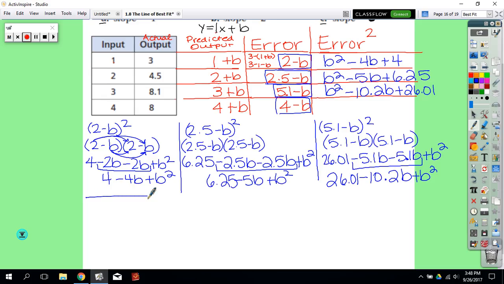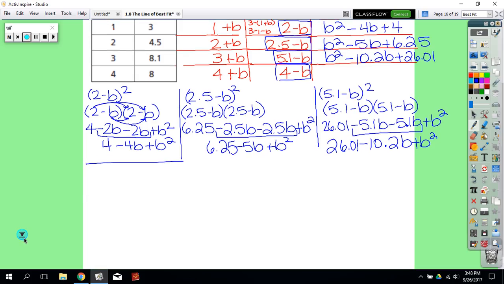All right. And the last one. I'll move this back down here in just a second. I'm actually going to erase this, but just so we can do this last one. So 4 minus b, quantity squared. So 4 minus b times 4 minus b. So 4 times 4 is 16. 4 times negative b is negative 4b.